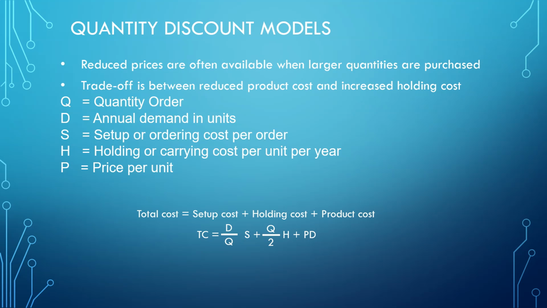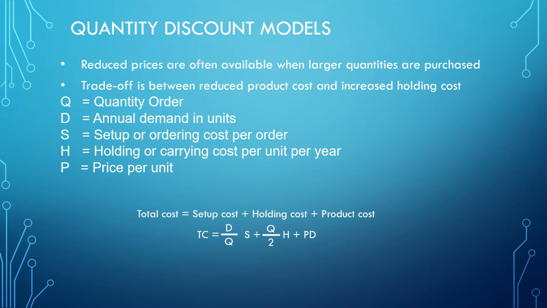The quantity discount model uses large quantity orders or purchases to negotiate and reduce item cost. A trade-off between having a large quantity in stock and the holding cost will occur. A reduced cost for large amounts purchased will increase holding cost because you are adding more to your inventory, and that will translate into holding cost.